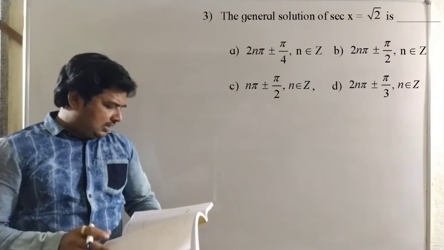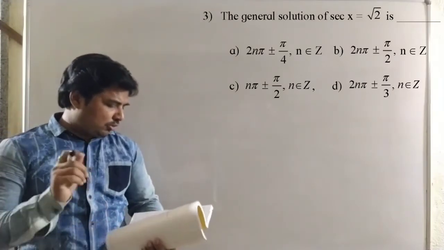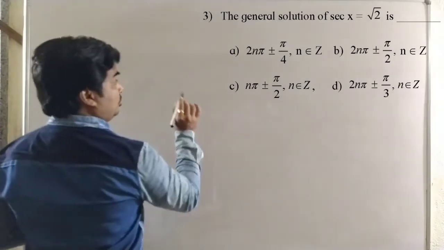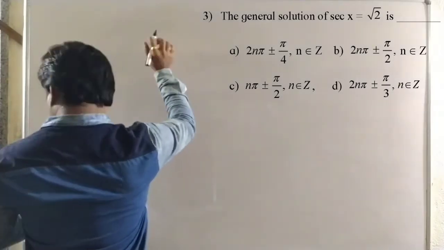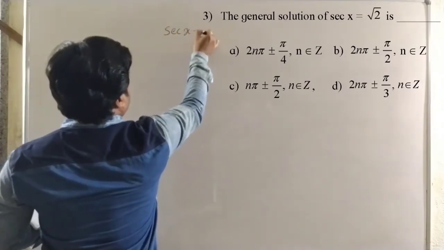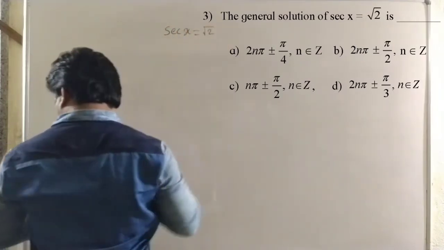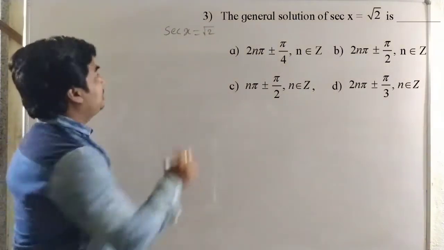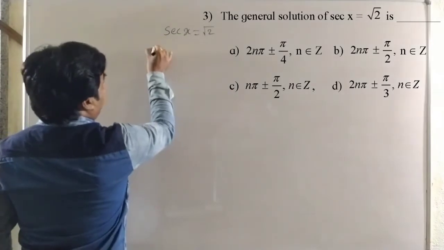Find the general solution of sec x is equal to root 2. Here we want to find the general solution. See carefully. The given equation is sec x is equal to under root 2. We want to find the value of this x. Here we convert sec into cos.